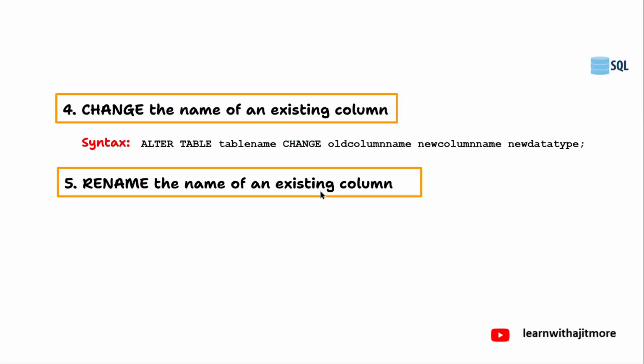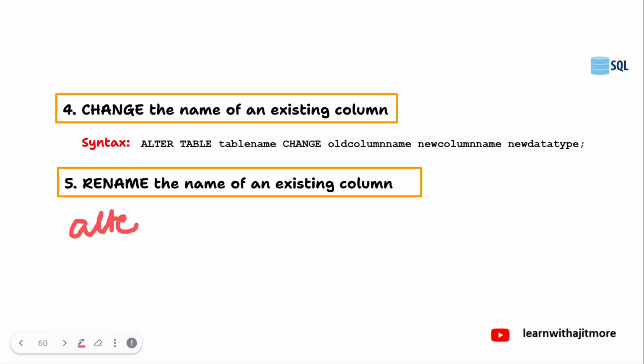Agreed? And there is another way of renaming also, by using the rename keyword. But with that, you cannot give the new data type. Only the column names can be changed. So how to use it? Rename command is used to rename a table as well. Understand, guys?